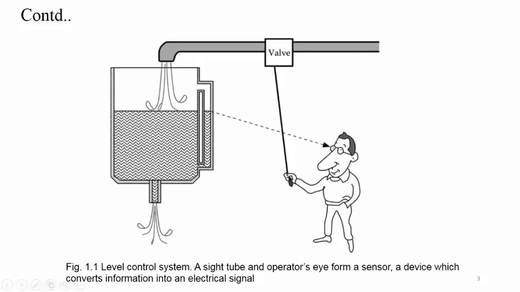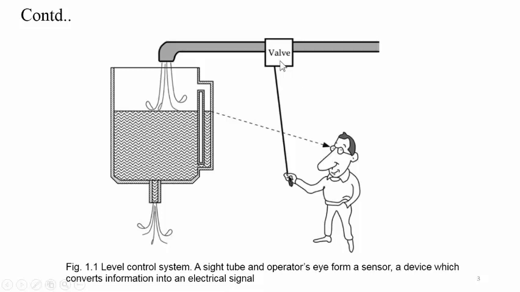the operator will decide when to turn on and when to turn off the valve manually. In this case, the operator continuously monitors the side tube with his own eyes, and depending on the specified level he will turn on or turn off the valve.